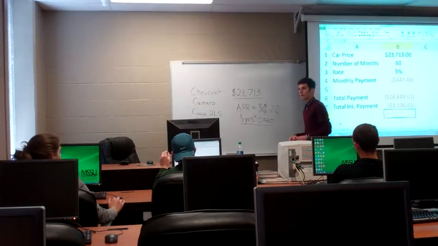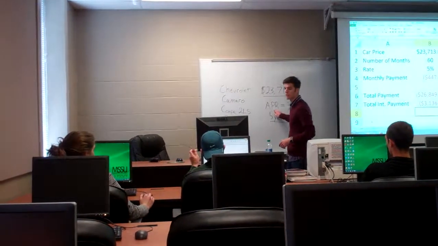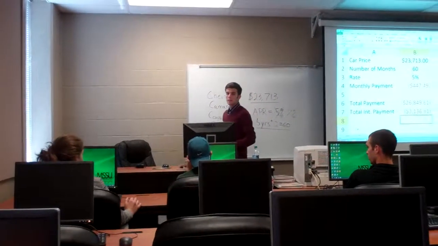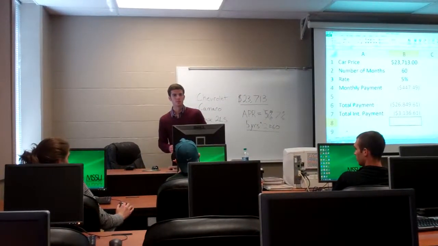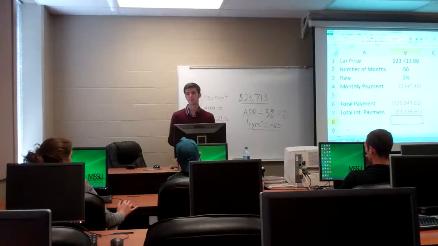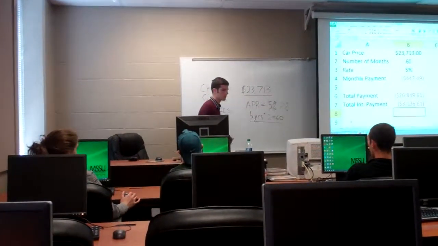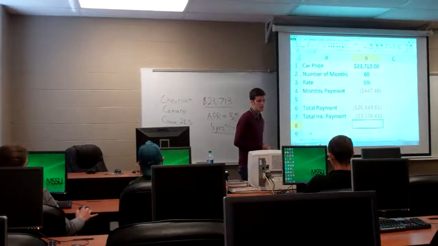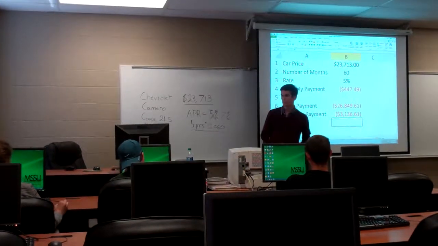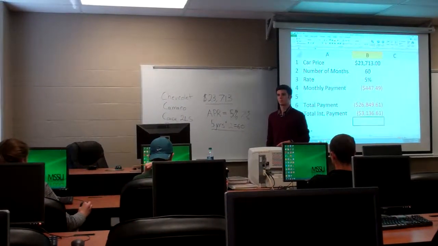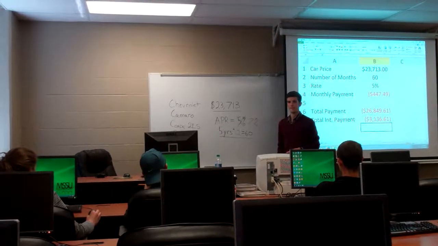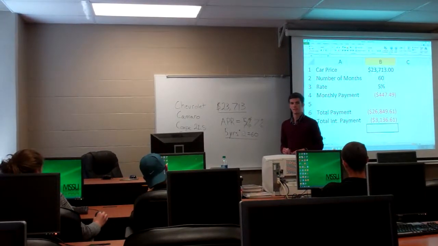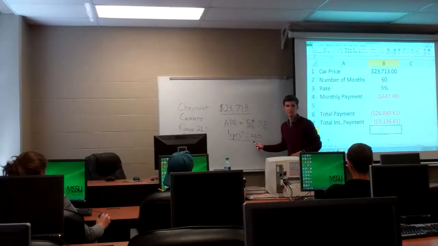The rate. The rate, also known as the APR, annual percentage rate. Now, there's one more thing that goes into it. Number of months. Okay, very good. Now, NPER, what does that represent? The number of payments.